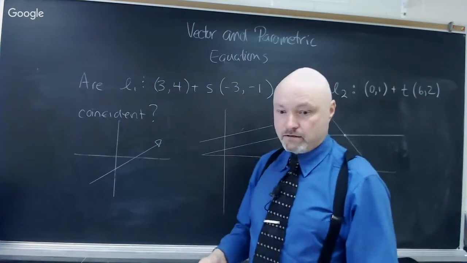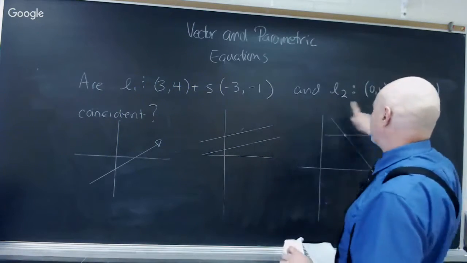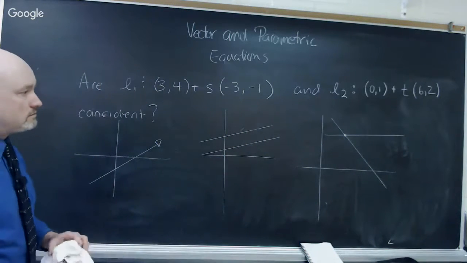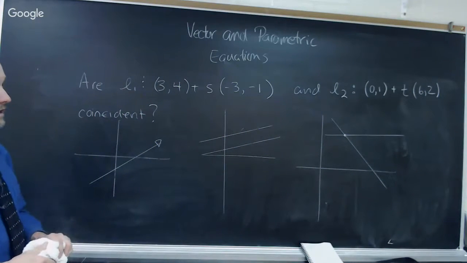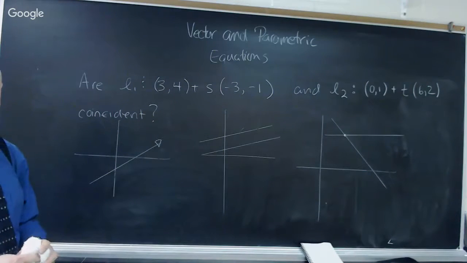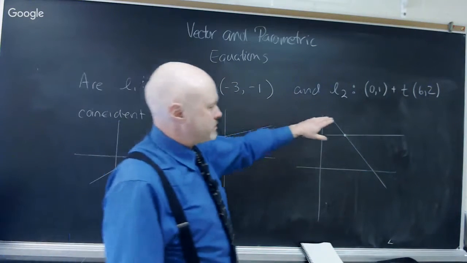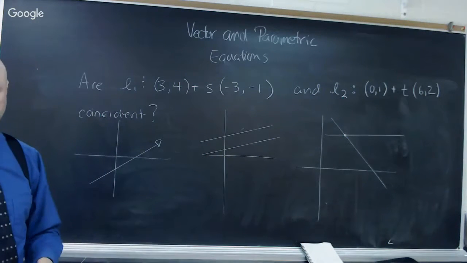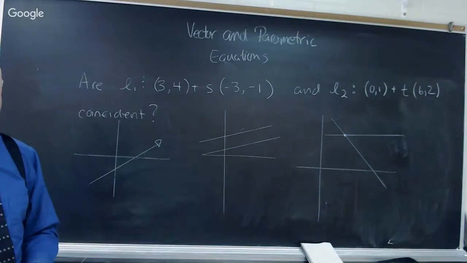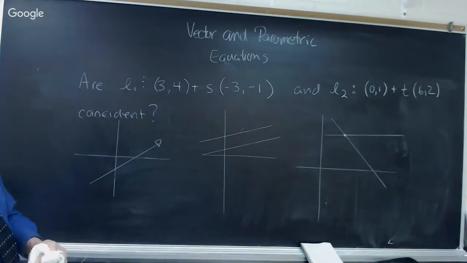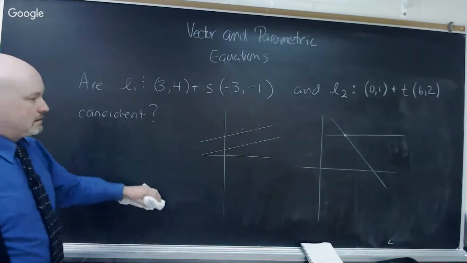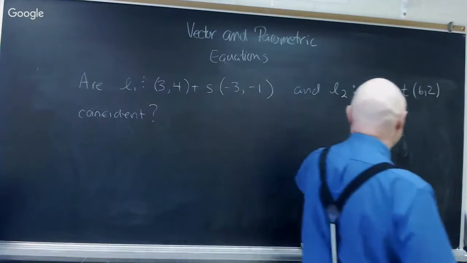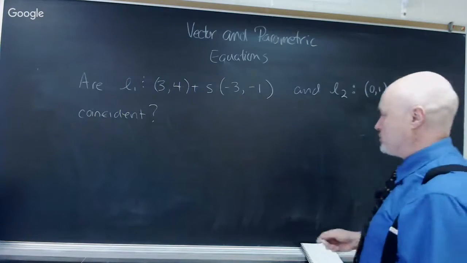Another way is to ask, first of all, are these two lines parallel with each other? Just looking at the direction vectors, does it look to you like they're parallel? I don't think so. Wait. They actually are. They're multiples of each other. So there's a way to tell.